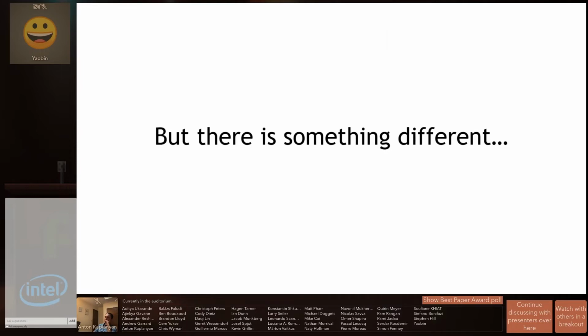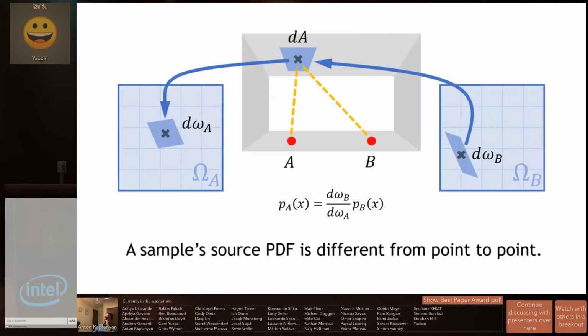However, there is something different from the original ReSTIR. The original ReSTIR uses light sampling to generate initial samples. In this case, a sample's source PDF is independent of pixels if we use area measure.